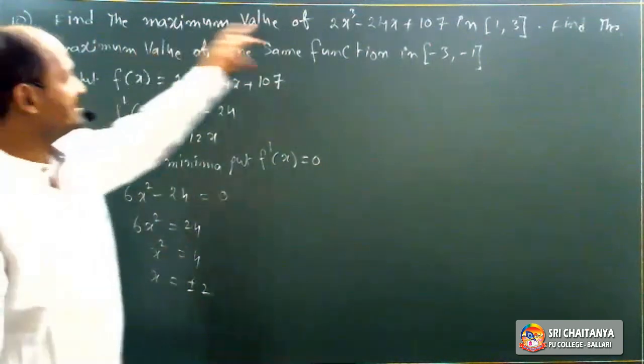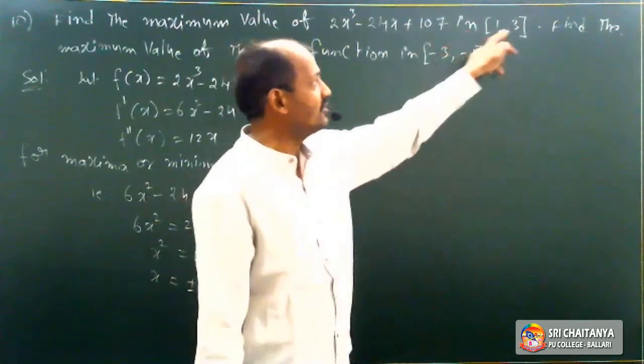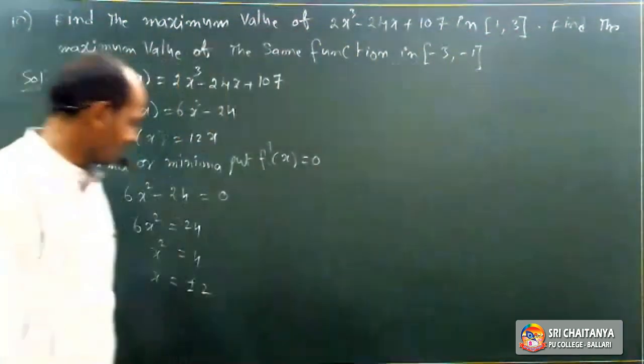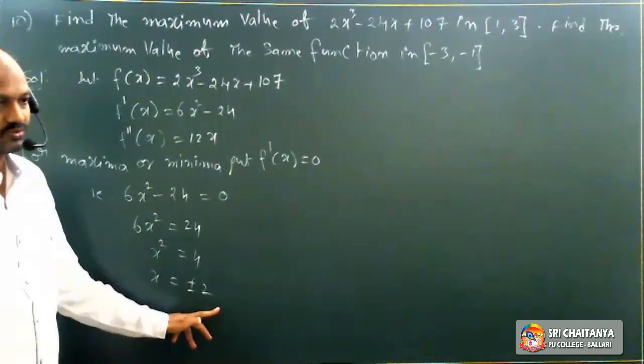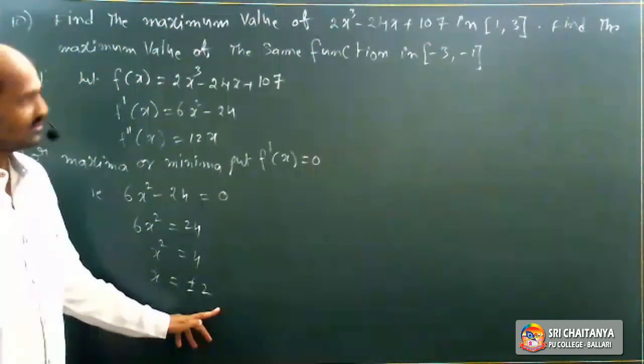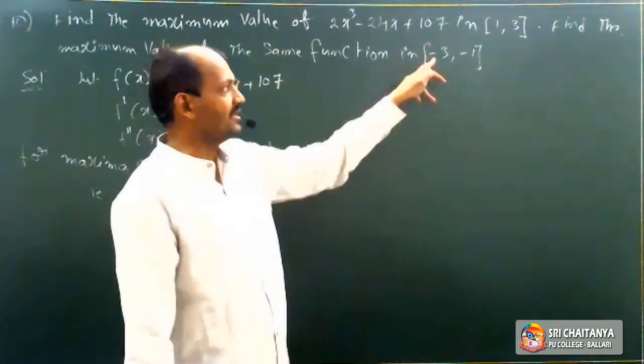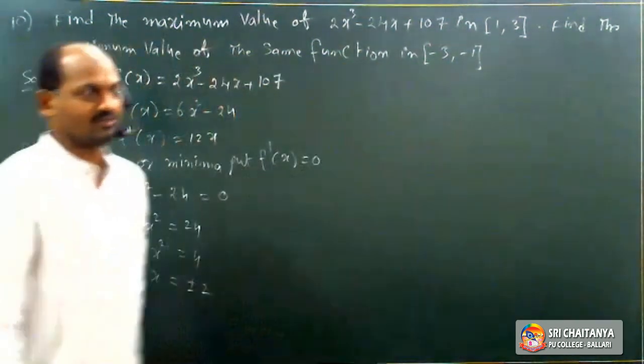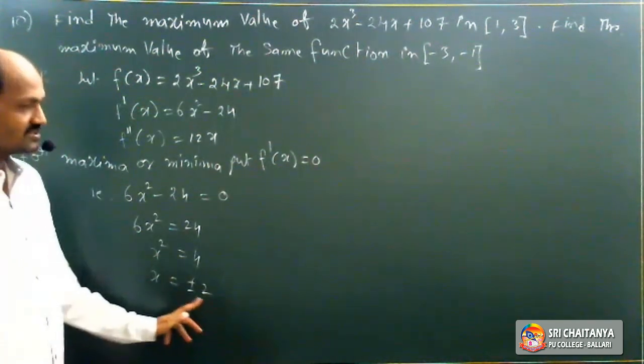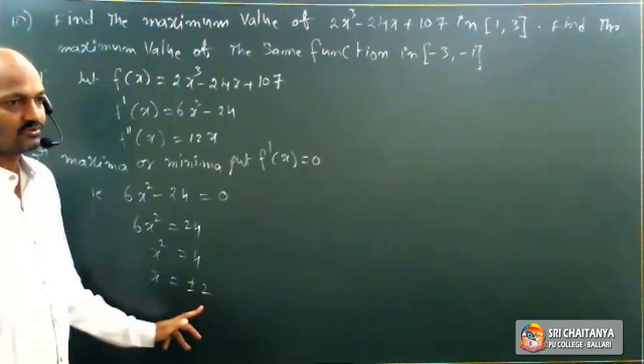But here, for the interval [1, 3], consider plus 2. Again, for the maximum value of the same function in [-3, -1], consider minus 2.